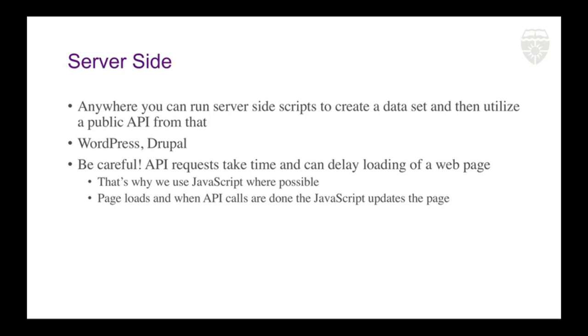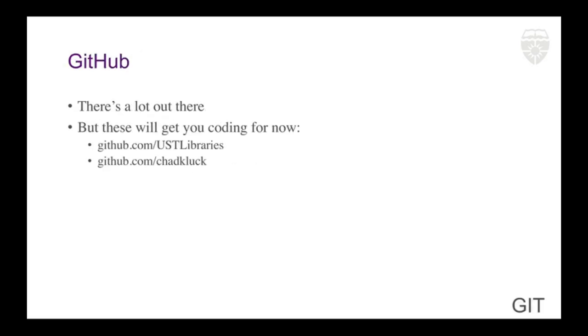That's why we actually use JavaScript. So we use that intermediary to make the request. Because the page will load, JavaScript will be running, waiting for the API request in the background. But the page will already be loaded. Then all of a sudden, whoop, it'll fill that information in.